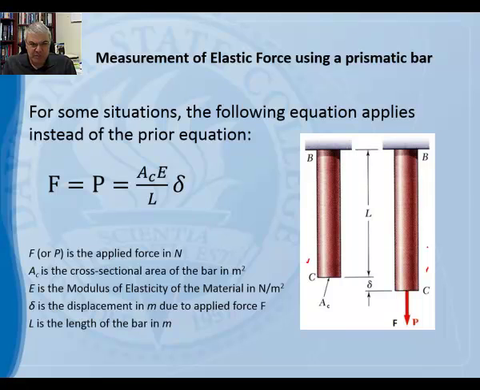So the force could be derived from the stress-strain relationship. This force, in this case, F, which is again the same as P, would be A sub C times E. E is the modulus of elasticity of the material itself.